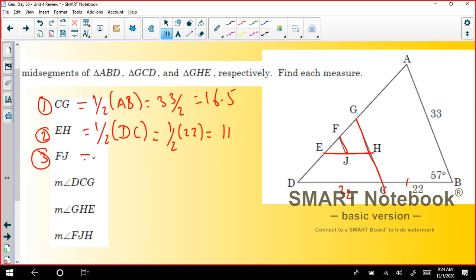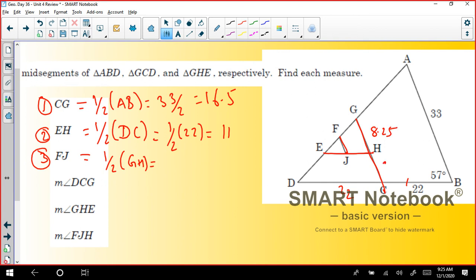Then FJ is going to be half of GH. We know CG equals 16.5. This whole thing is 16.5. So GH is going to be half of 16.5, which is nothing but 8.25.